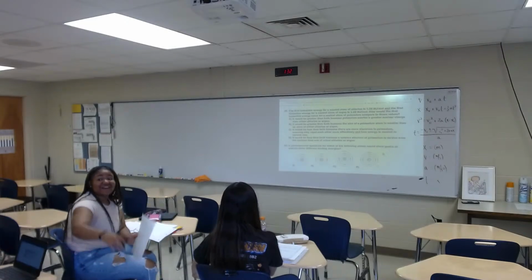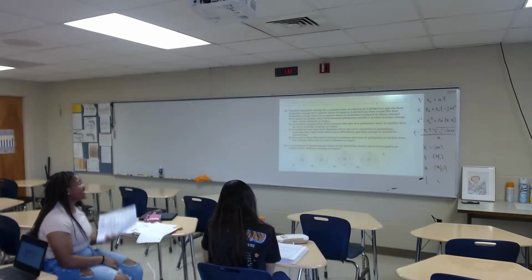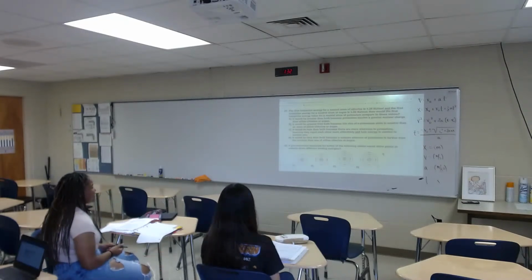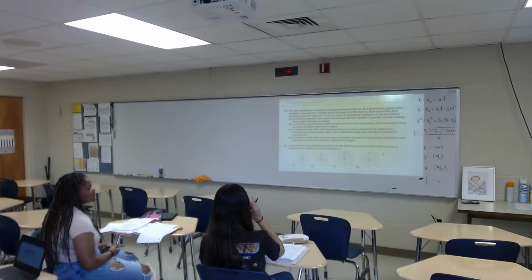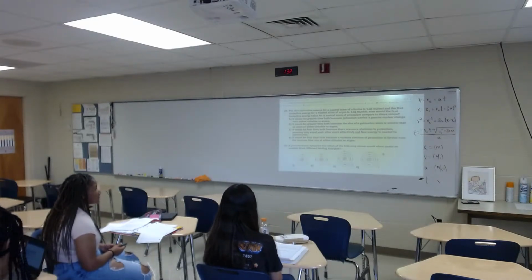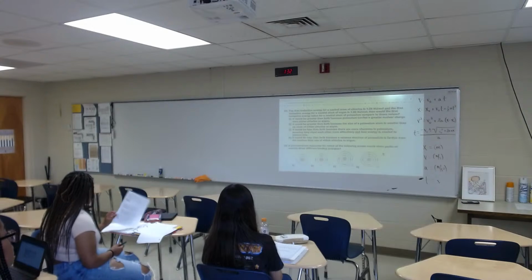The first ionization energy for a neutral atom of chlorine is 1.25 megajoules per mole. And the first ionization energy for a neutral atom of argon is 1.52. Just a little bit higher, right? How would the first ionization energy value for a neutral atom of potassium compare to those values?